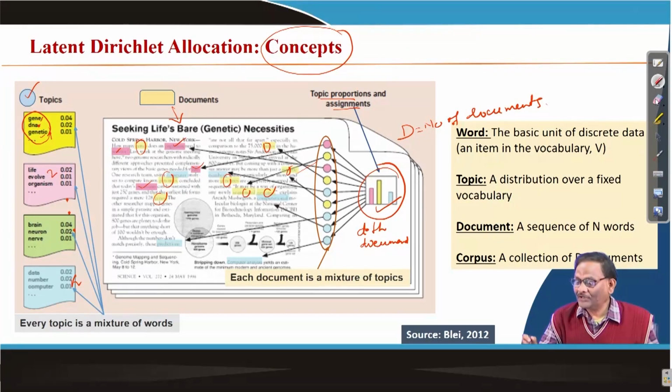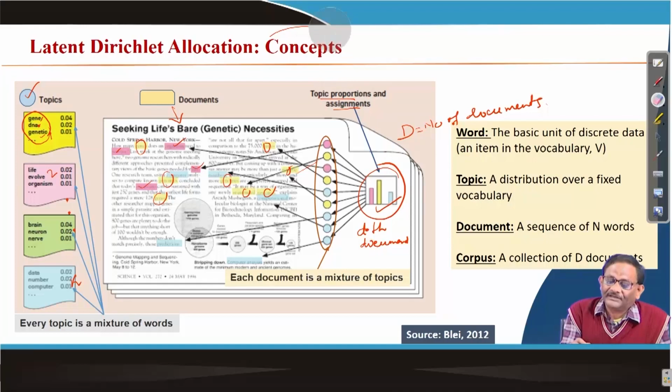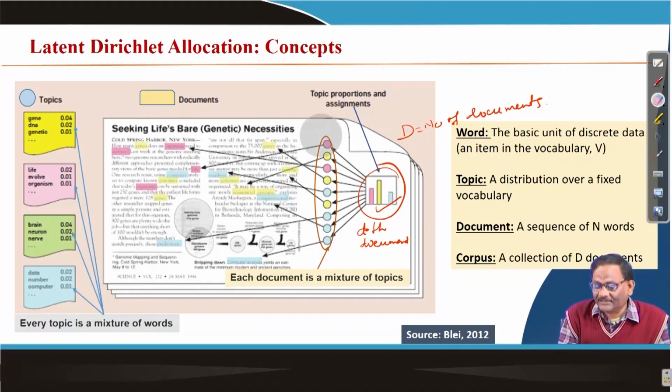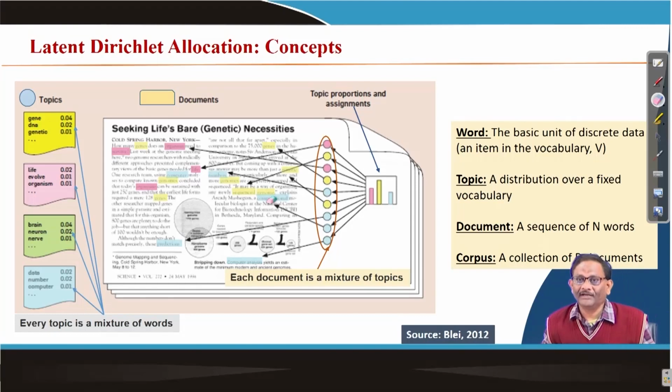Essentially, in order to do so, you require first of all an algorithm and a corresponding program, when you are dealing with a very large number of documents. Manually it is intractable to do, and even if you do it manually it takes years together. So this is not possible.